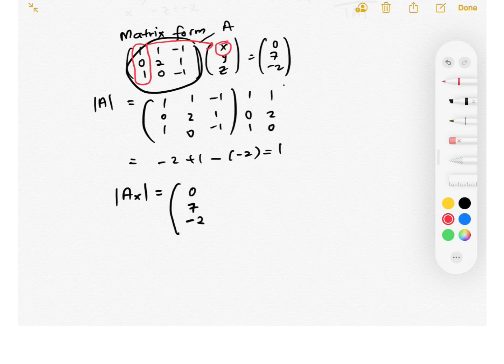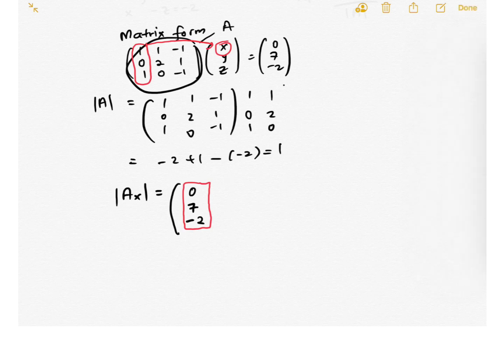Now if I want to find the determinant of Ax, I change my first column to B, only the first column, and the rest is the same. The second column is the same, and similar for the third column. You only change the first column to B because the first column is associated with the variable x.